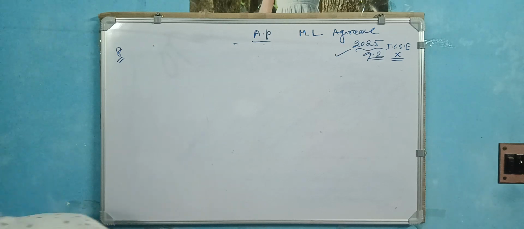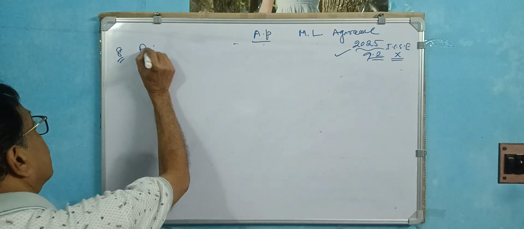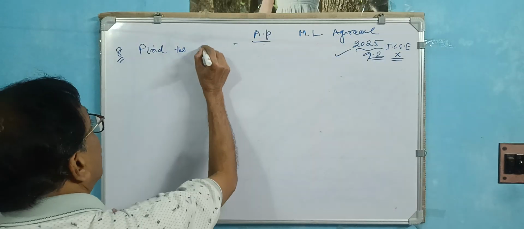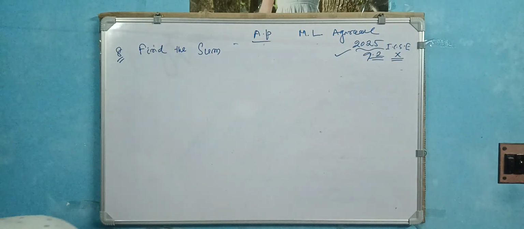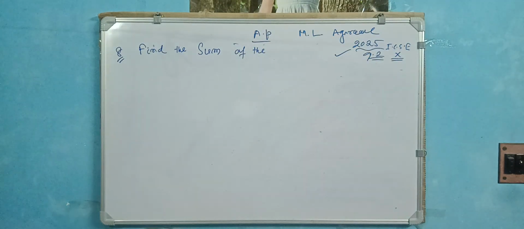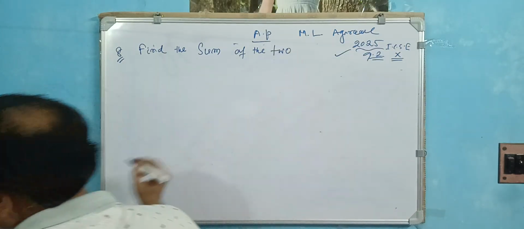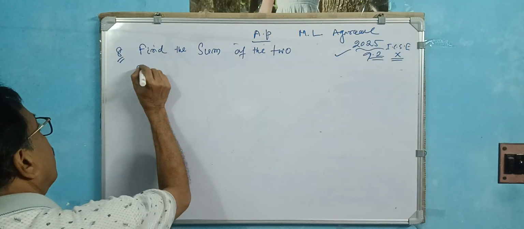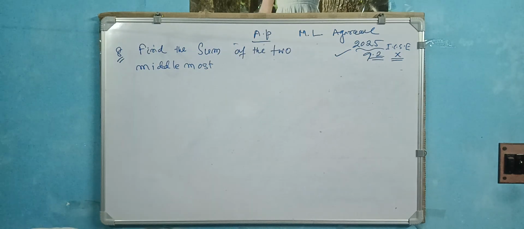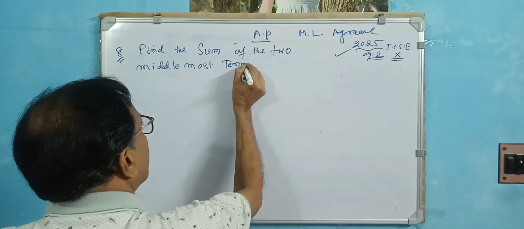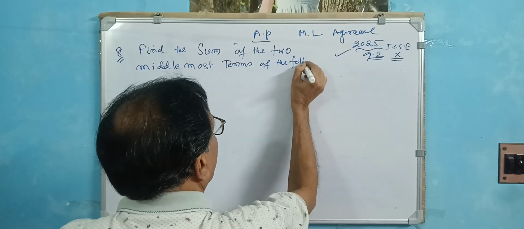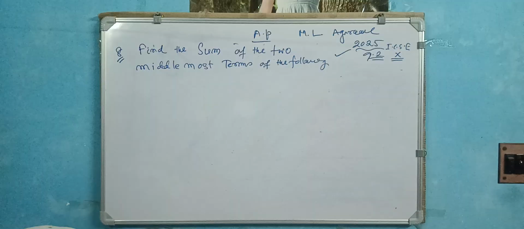Find the sum. Find the sum of the two middlemost terms of the following AP.